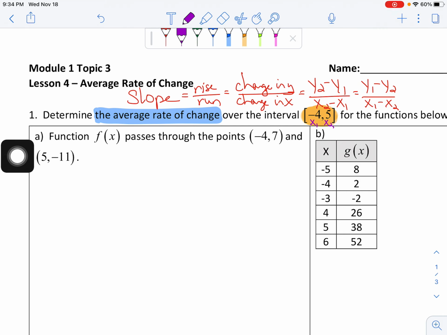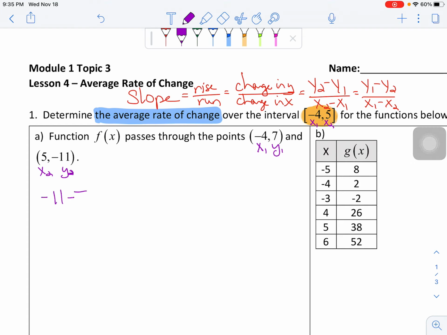Our second x value was 5. Hey, look, there's 5. So I'm outright giving you these two ordered pairs. This would be x1, this is y1. Here's x2 and y2. And then you can use either of these two slope formulas to calculate the slope.